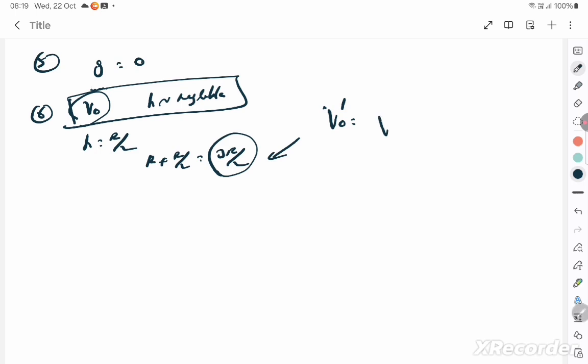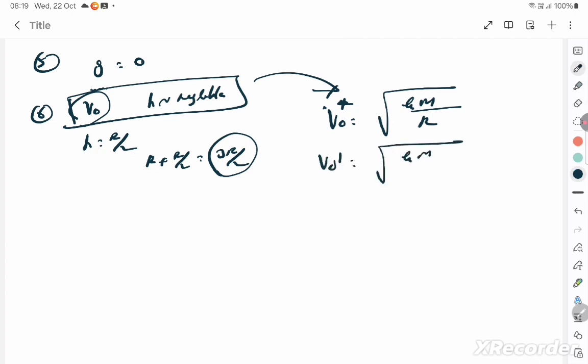The orbital velocity's formula is root of GM by r. In the first case, V0 is just root of GM by R, because the height is taken as negligible, so the h gets cancelled. And in the second case, V0 dash will be root of GM by 3R by 2.